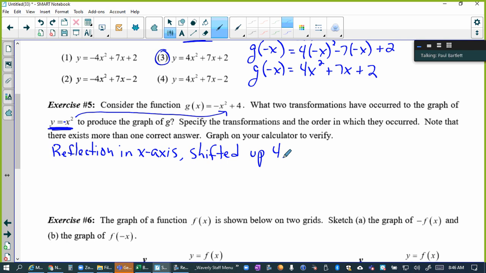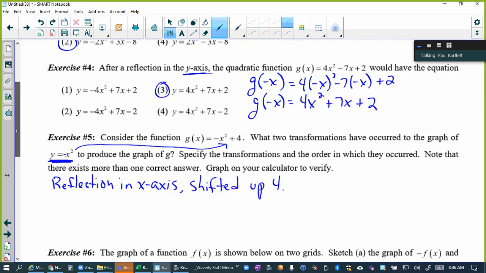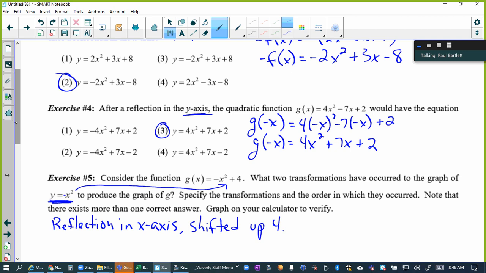Mr. Henry, for question 4, the one before this one, how do we get plus 2? It's right here. But I thought plus 2 times negative x would make it minus 2. Is there any x with that too? No. It's g of negative x, so wherever there is an x it changes, and wherever there's not an x, it doesn't change anything.